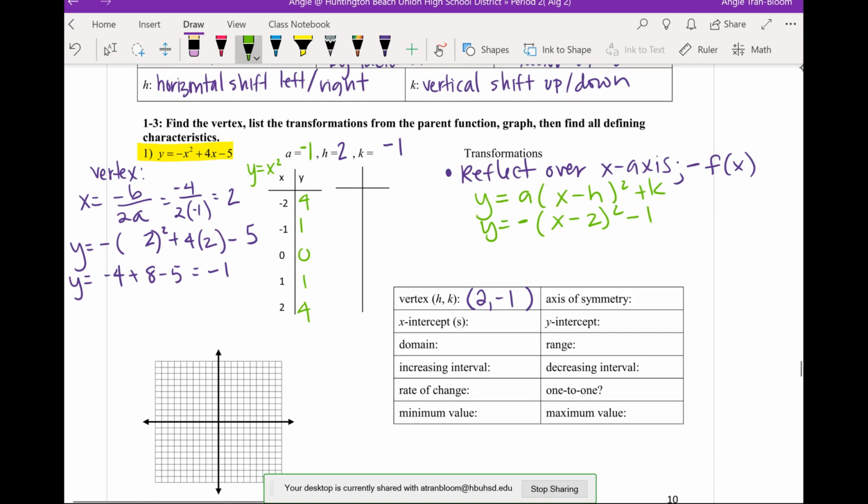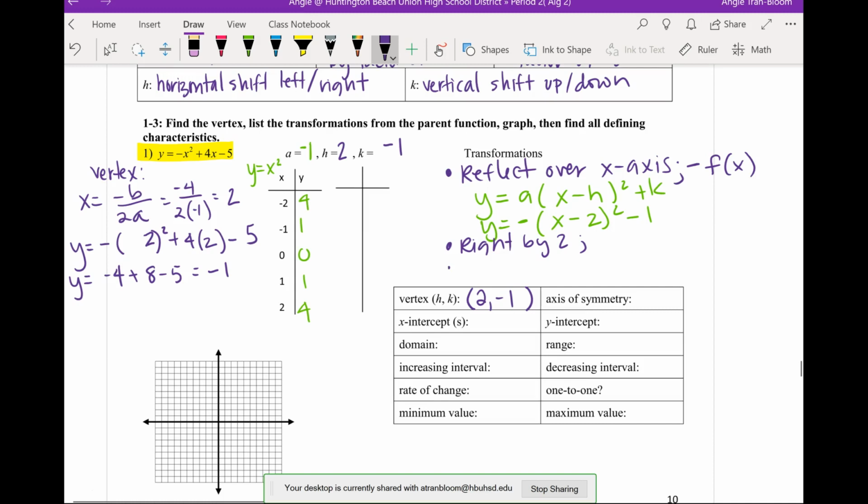Reflect over the x-axis. What does the h value do? What direction are we going? To the right. Right by how much? Right by 2. If you're moving to the right, what are you changing? X or y? X. Okay, you're changing x. Are we okay so far?